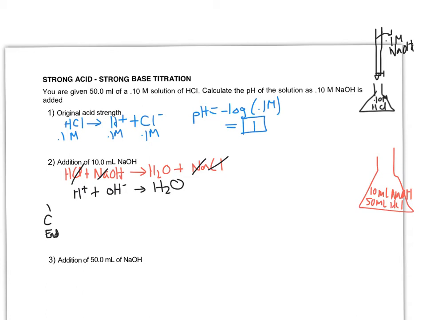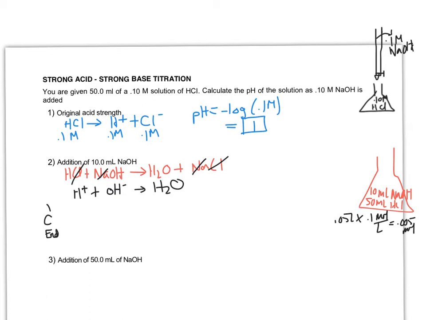So anyway, for my acid, I have 0.05 liters, and it is 0.1 molar, and so that gives me 0.005 moles of H plus.